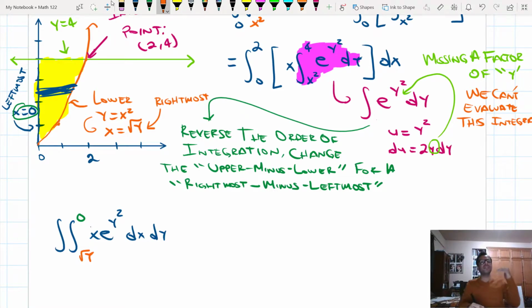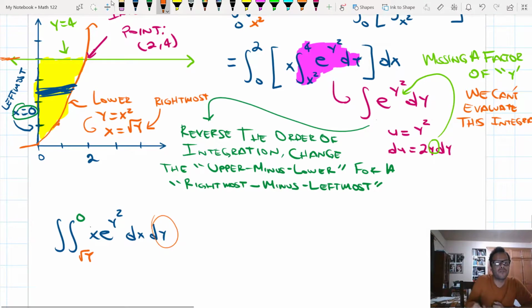And then what about the numerical limits for the y variable? For the y variable, we're going to go from the lower y to the upper y. In this case, we're going to go from 0 to 4. Okay, let me erase this.